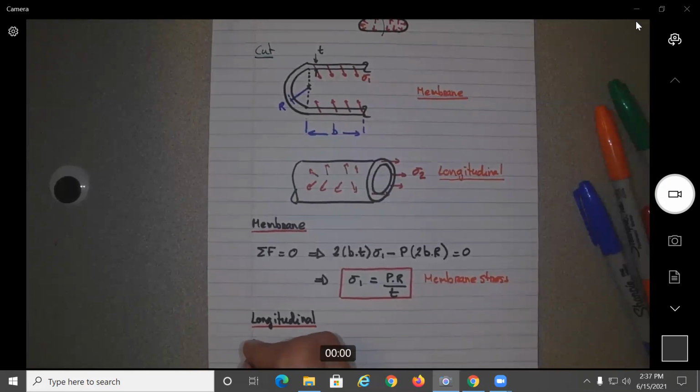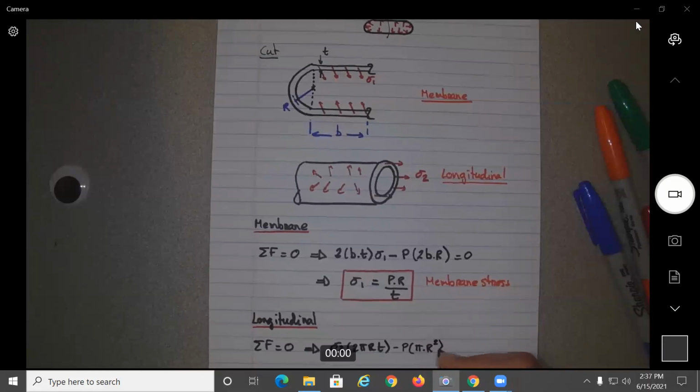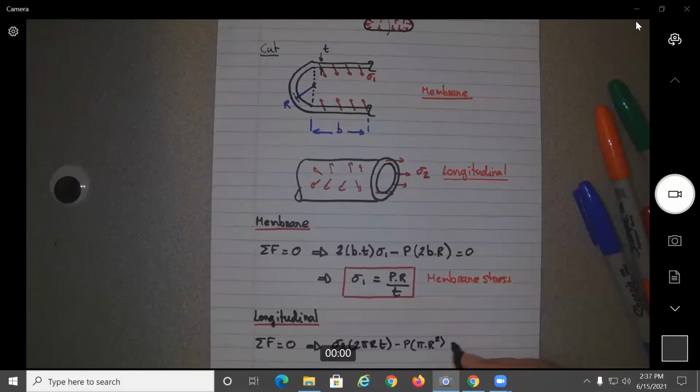Summation of forces equal to 0 will give you sigma 2 times 2 pi RT, which is the same as we had before, minus P times pi R squared equal to 0.